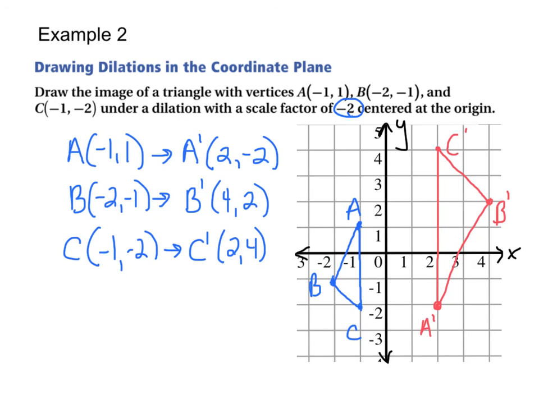Because it's negative, the entire shape rotated 180 degrees about the center of dilation, which was the origin. So the blue image rotated and doubled 180 degrees about (0, 0), which is the center of dilation.